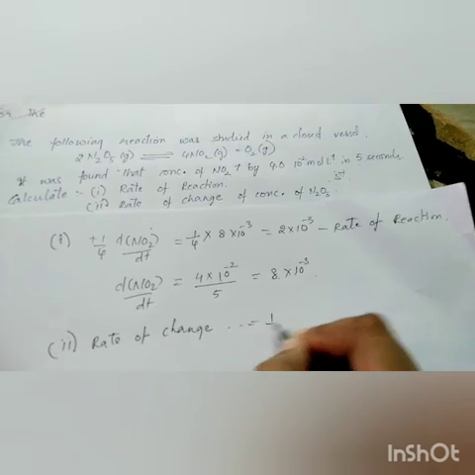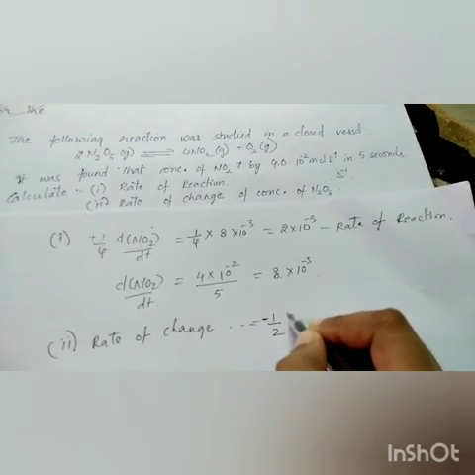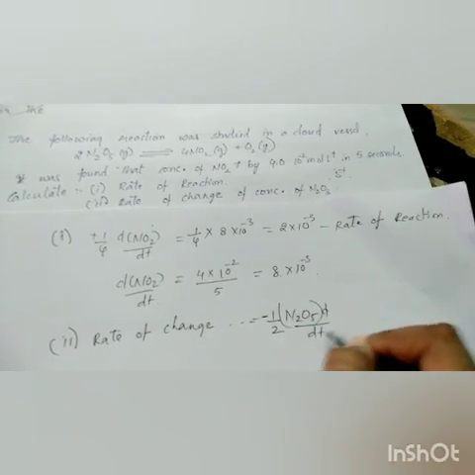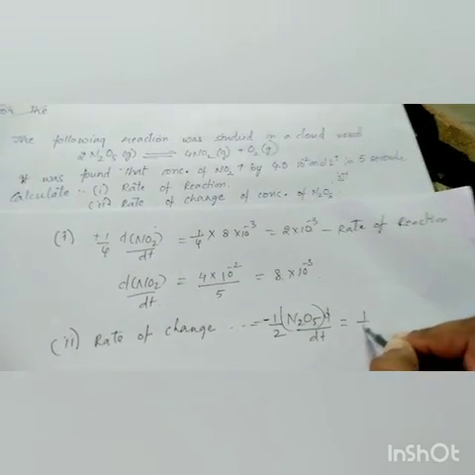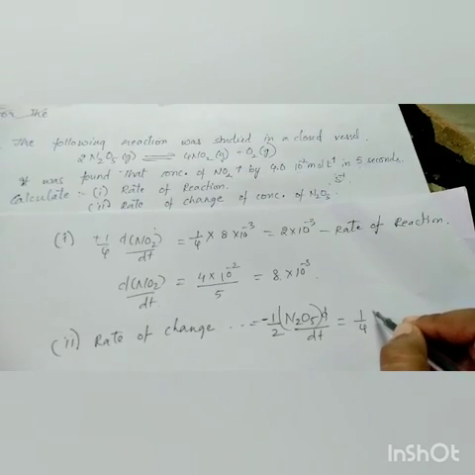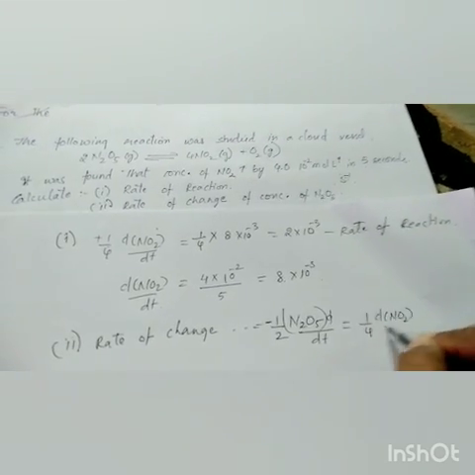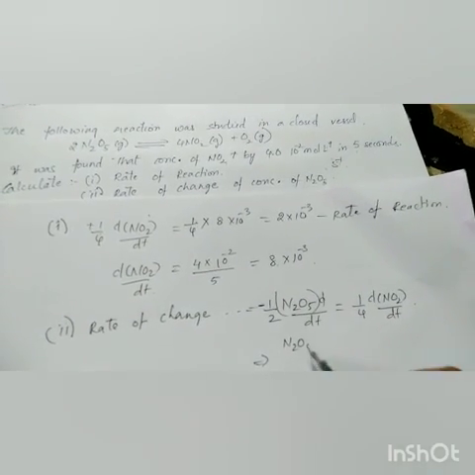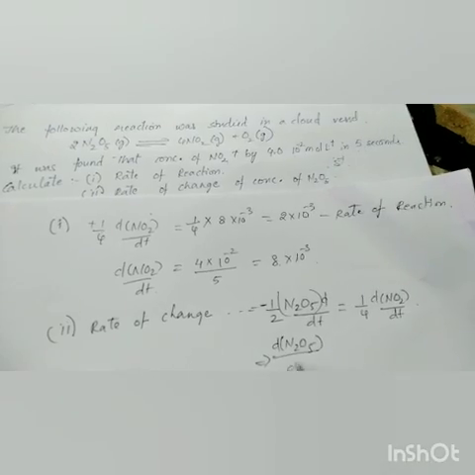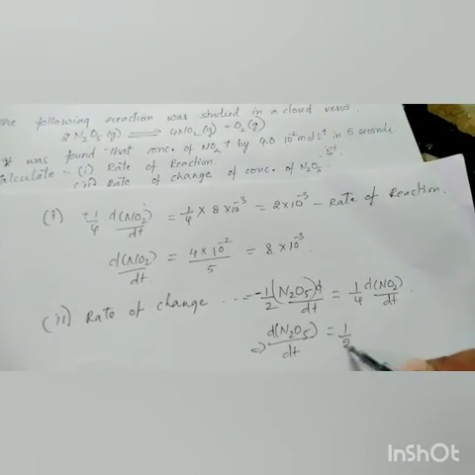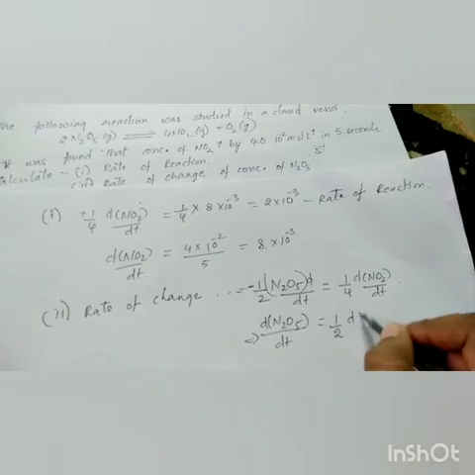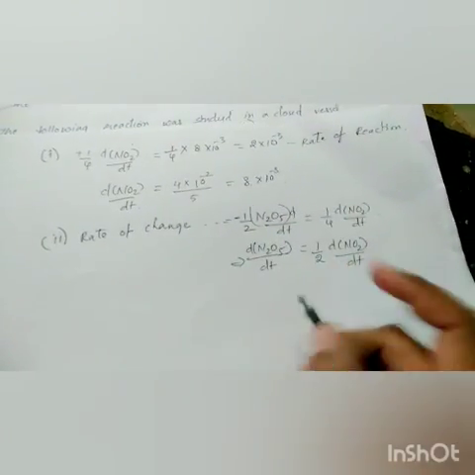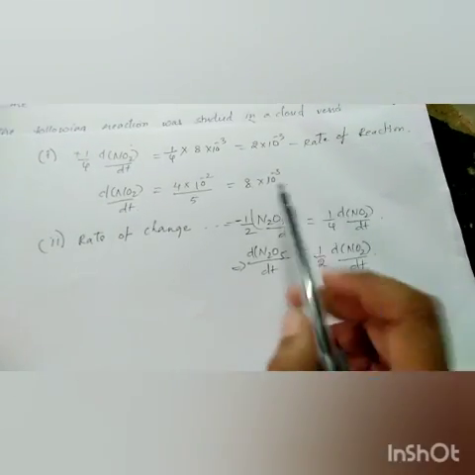Minus 1 by 2 d[N2O5]/dt is equal to 1 by 4 d[NO2]/dt. So d[N2O5]/dt is equal to 1 by 2 d[NO2]/dt.